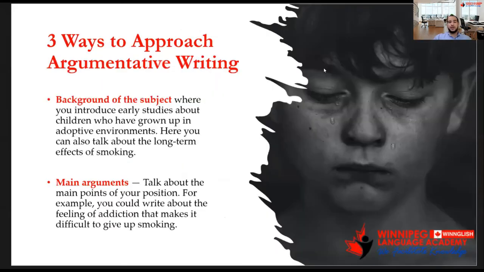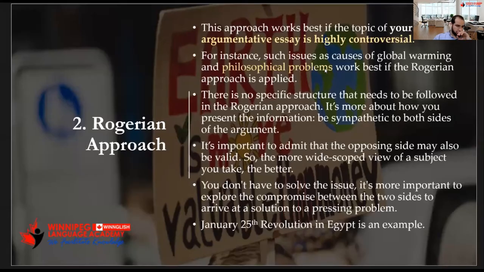There is another approach which is called the Rogerian approach. And a Rogerian approach is when you try to, I think Manel was talking about that, be in the middle ground, because it's a very complex topic. It needs more papers to discuss it.